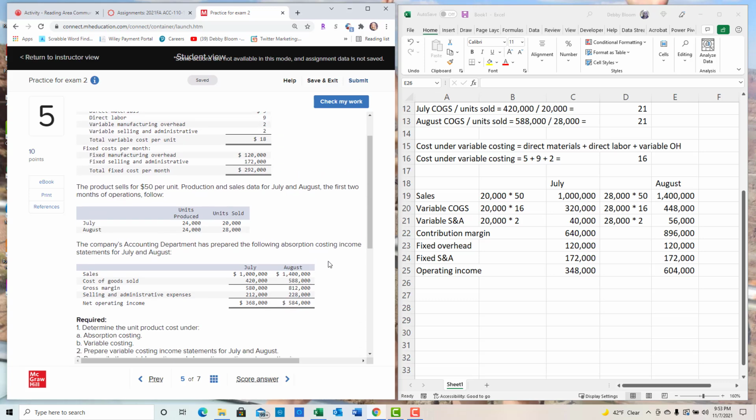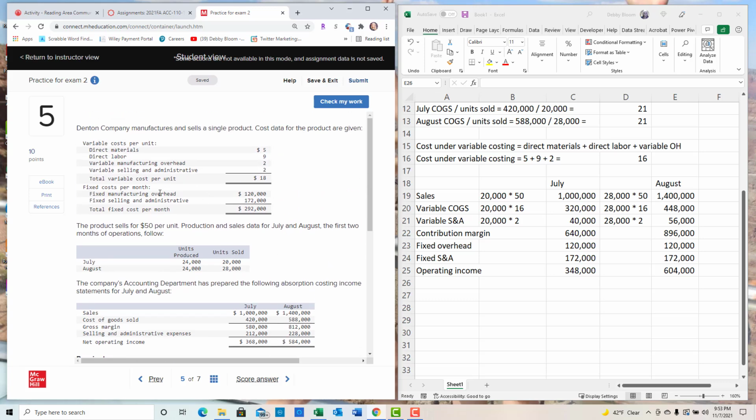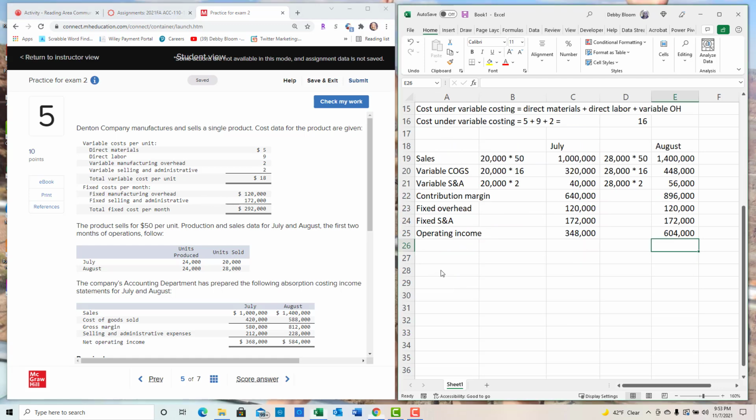Now to actually reconcile between the numbers, I'm going to take the fixed manufacturing overhead and divide it by the number of units produced.